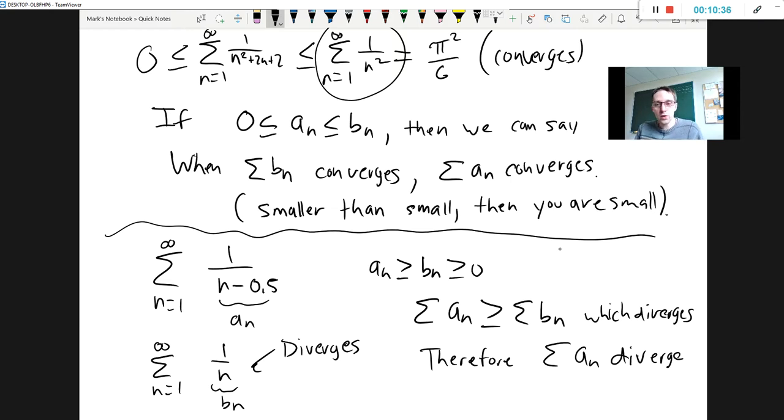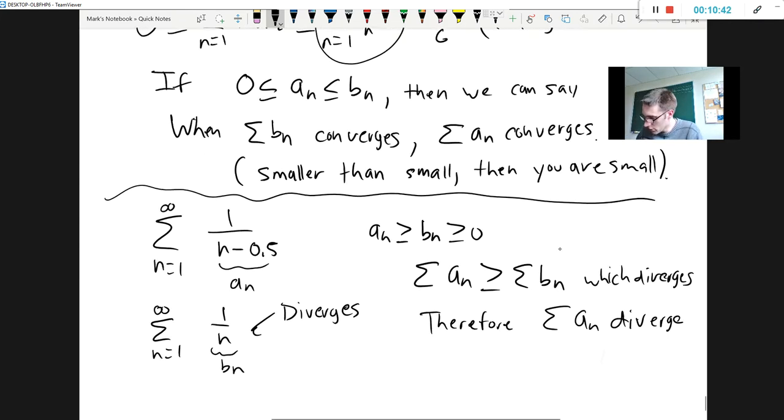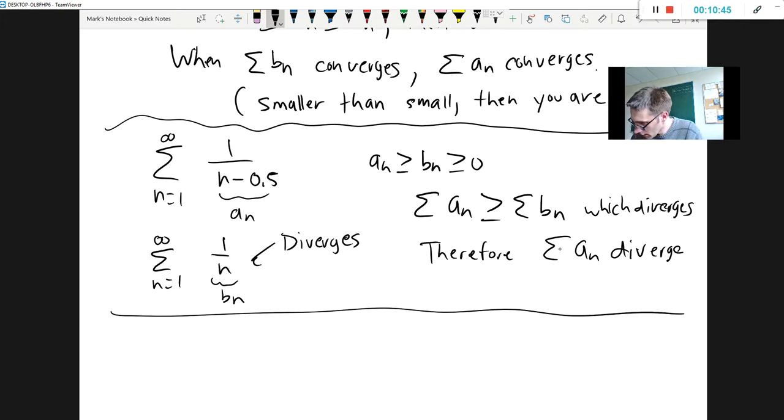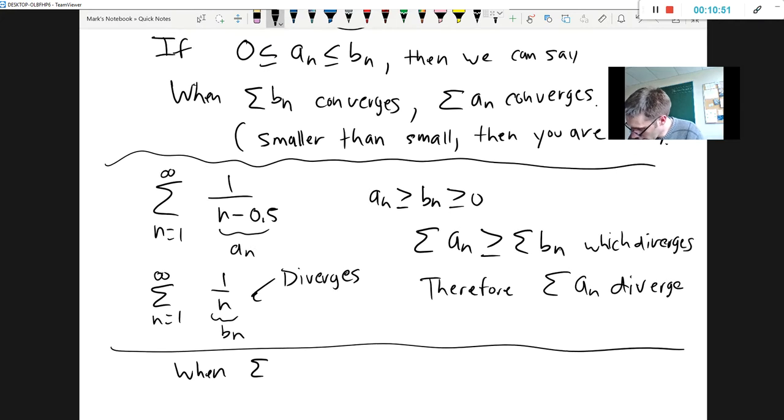Okay, so the comparison can work in two different directions. You can either be smaller than something small, as we saw in our first example, or in this case, you were bigger than something big. And so we can add that when the sum of the smaller one, which I guess in the theorem that we were starting to write down, when the sum of AN diverges, then the larger one must diverge as well.